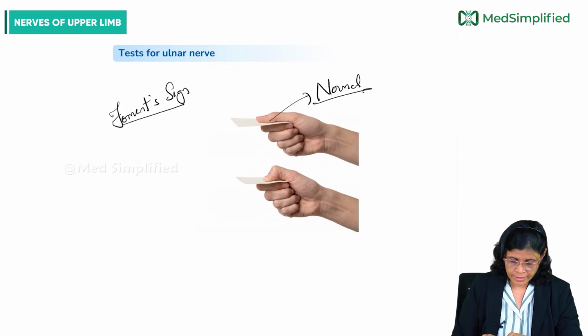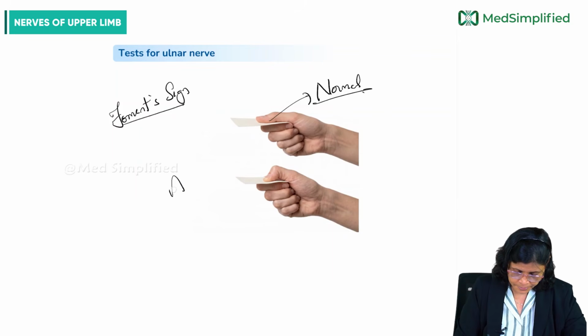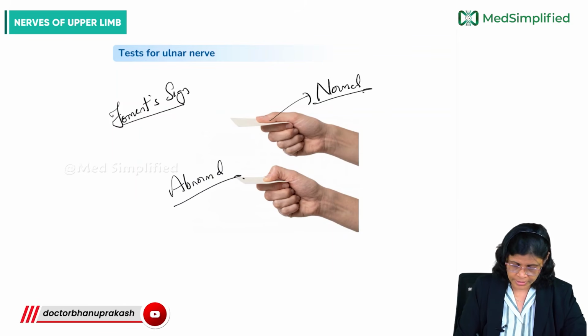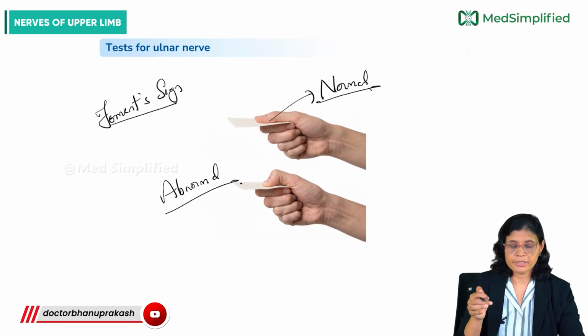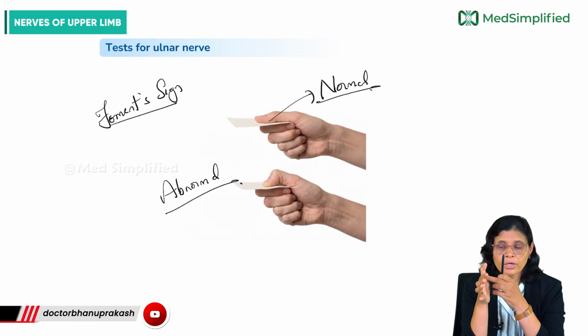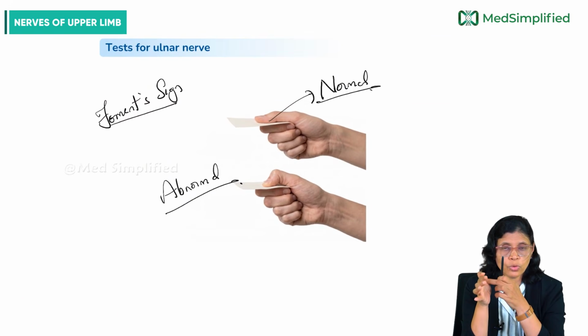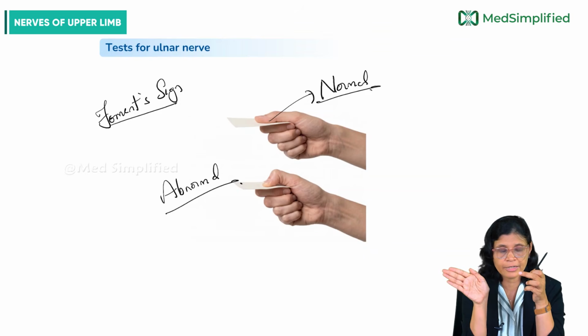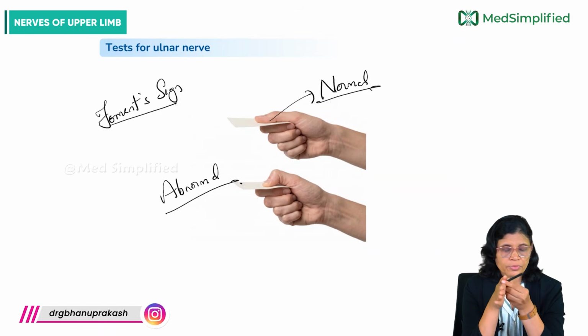So that is why this is abnormal. You can see the flexion of the distal phalanx of the thumb. So the adduction is lost. Otherwise it will adduct and hold like this. But if adduction is lost, if I have to hold, I will flex and hold like this.